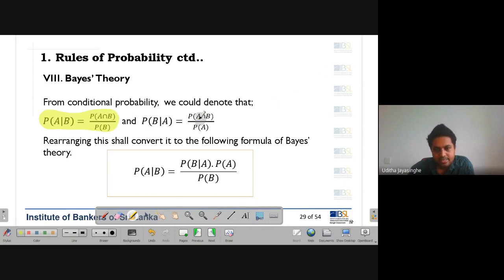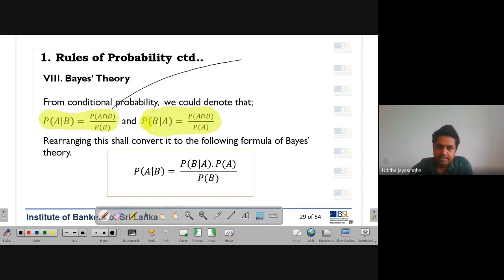And you could write the other way also. What could be the case? And we all know that the top part, A intersection B, is going to be the common element.